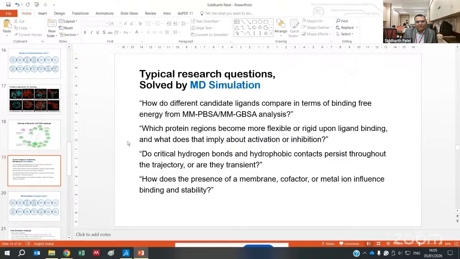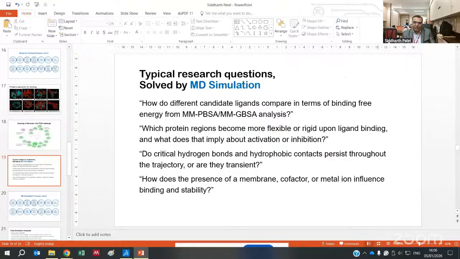Now coming to MD simulation, this kind of question can be answered. How do different candidate ligands compare in terms of binding free energy from MMPBSA and MMGBSA? We will see both of these in the later slides. Which protein regions become more flexible or rigid upon ligand binding?